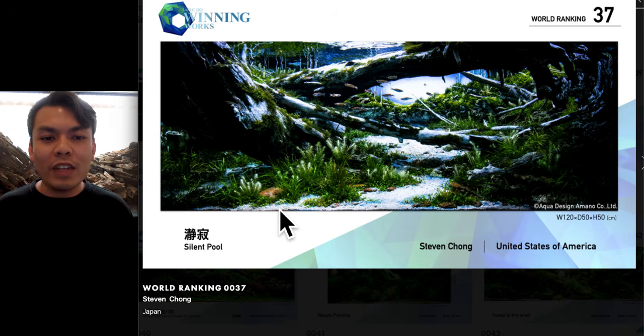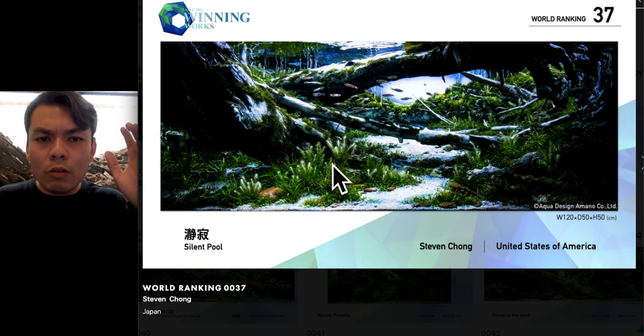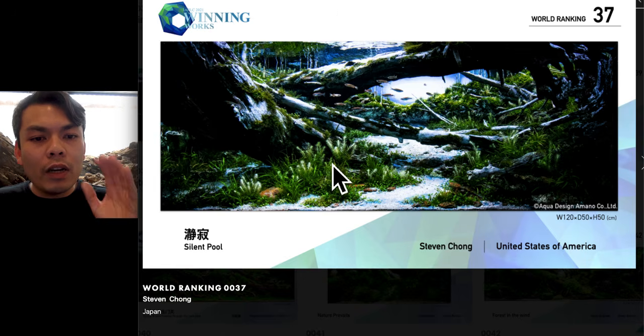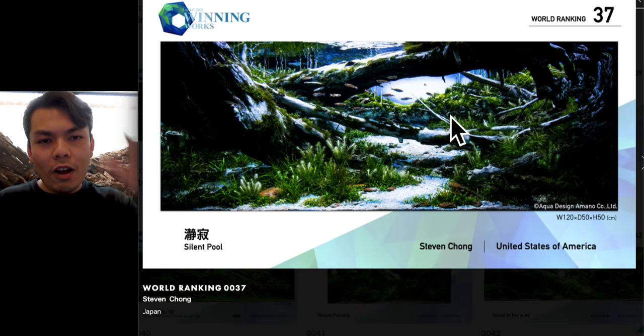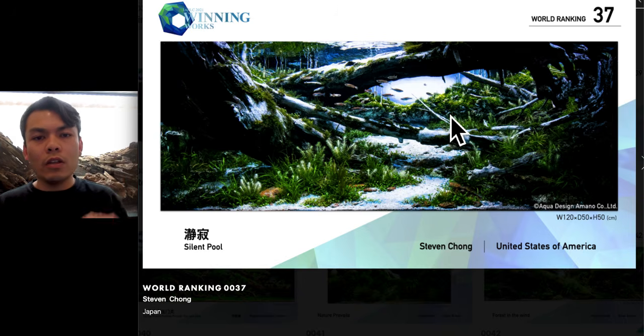So Stephen, well done. What's so amazing about this aquarium is its treatment of light, its treatment of color as well. If you scroll through the entire gallery of aquascapes in this competition, this one just stands out in terms of its color, and I imagine it would have captured the attention and curiosity of judges for sure.